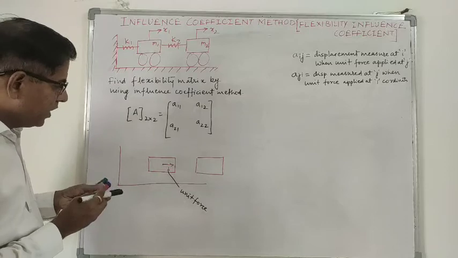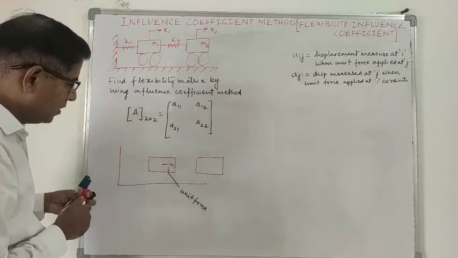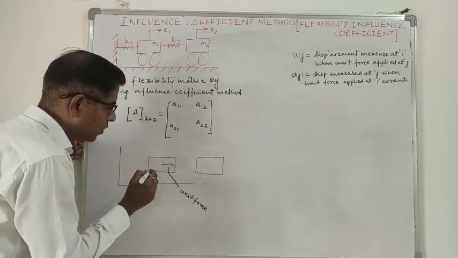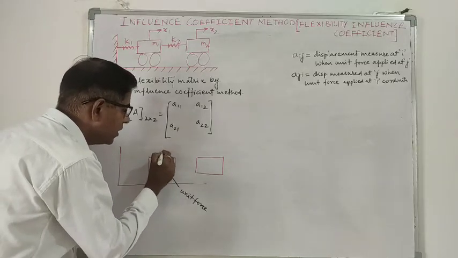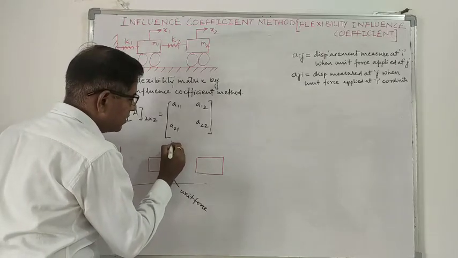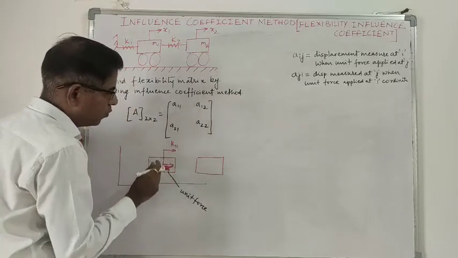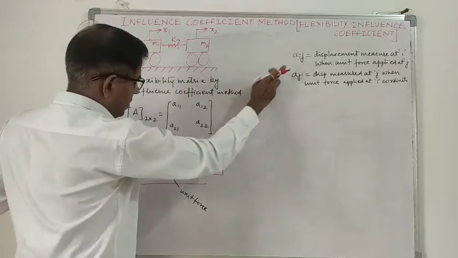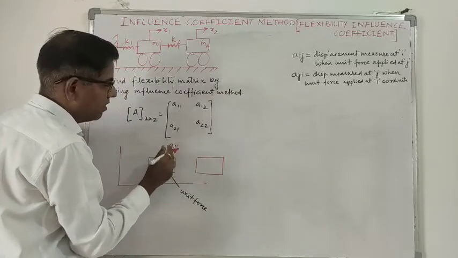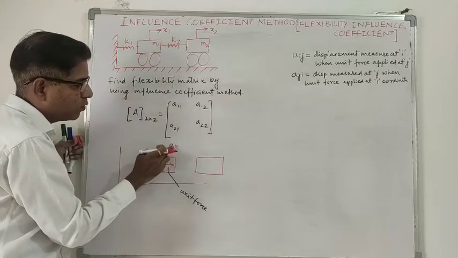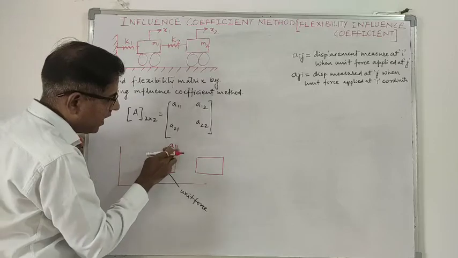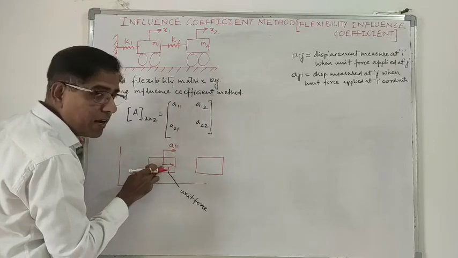So we apply a unit force here, and because of this unit force, the displacement is measured as A11. A1 means the displacement measured at first coordinate, and the unit force is also applied at first coordinate.